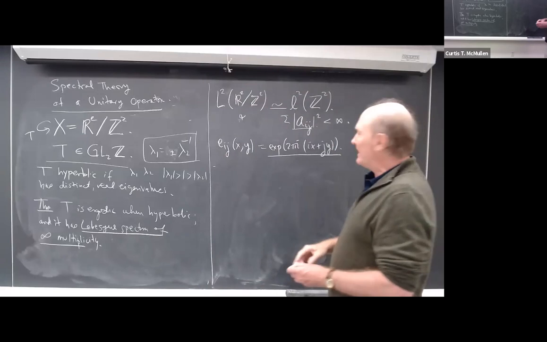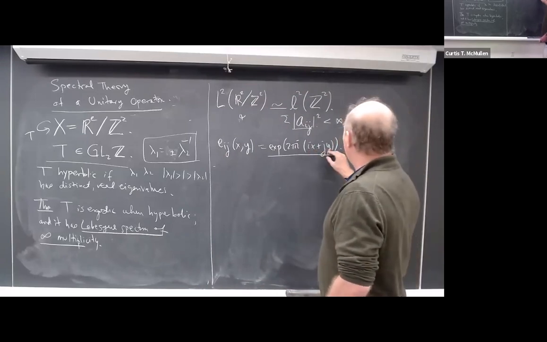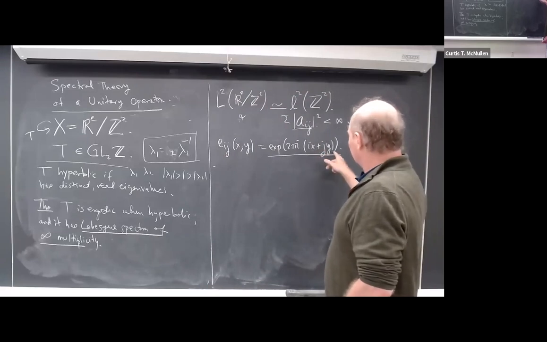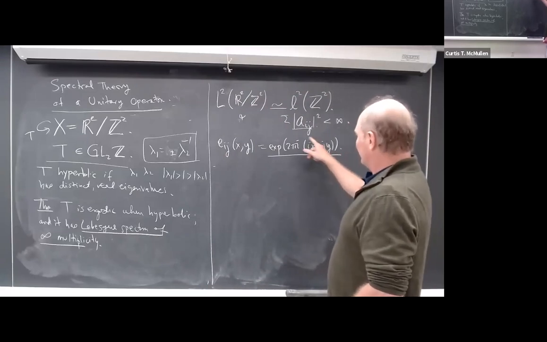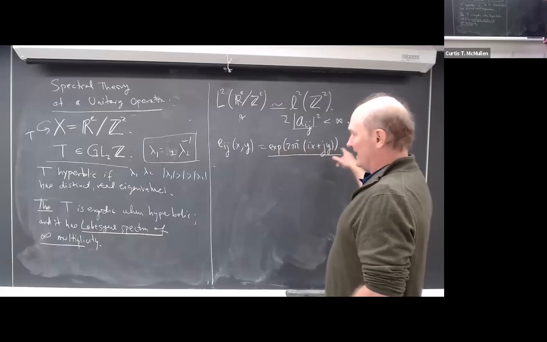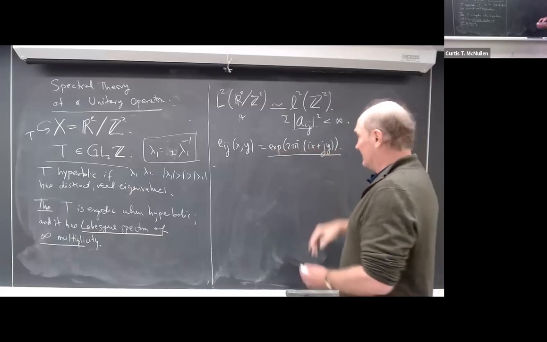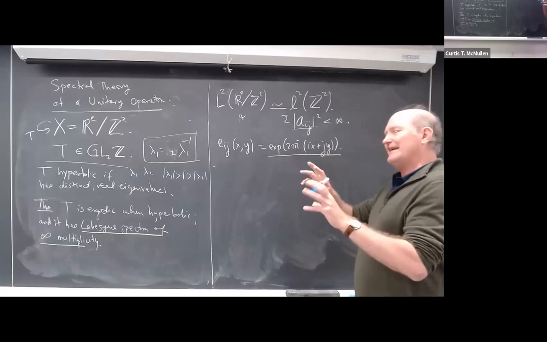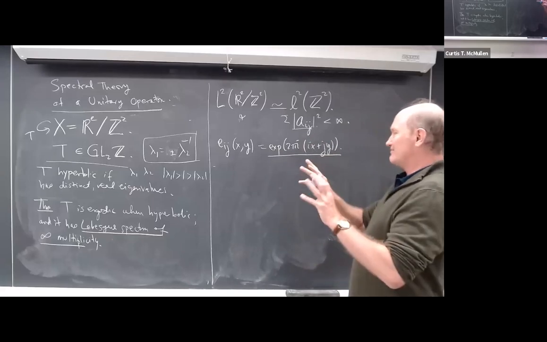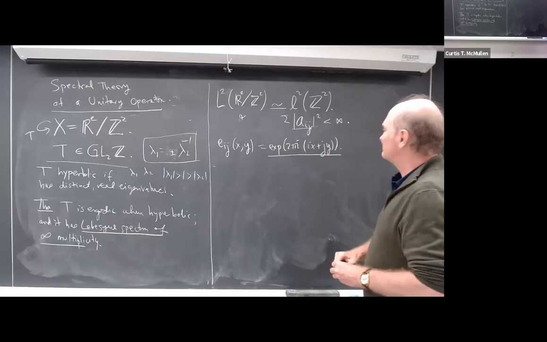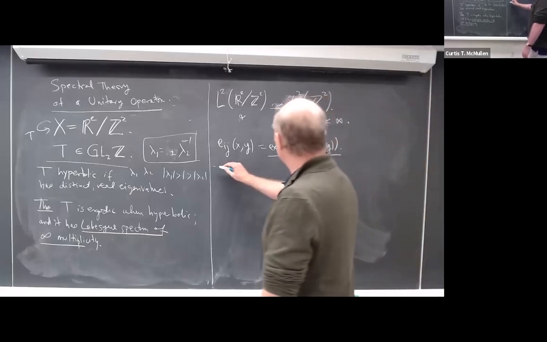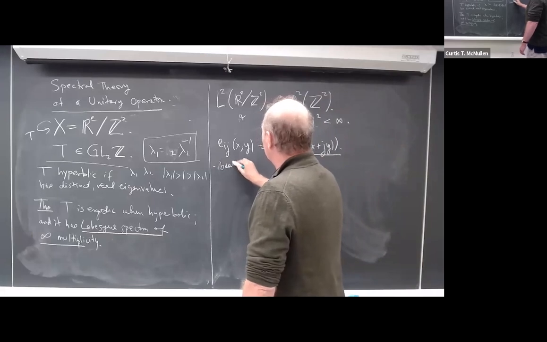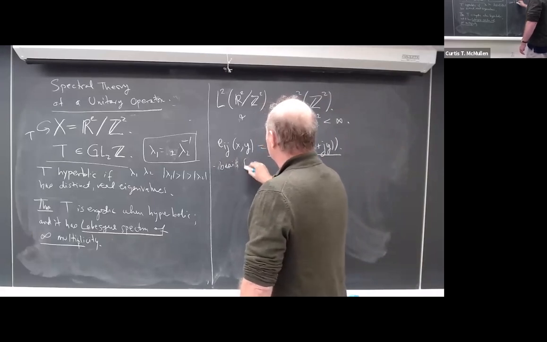And the point being that if you change x or y by an element of Z^2, by an integer, this quantity will change by an integer, and so the exponential won't change. The exponential descends to a function on the torus. It's basically like z^i w^j on a product of two circles in the complex plane. So this is, again, an orthonormal basis for L2.